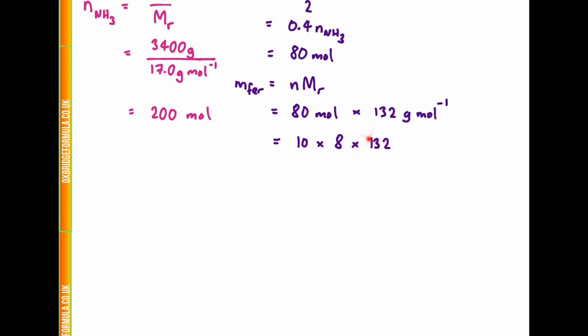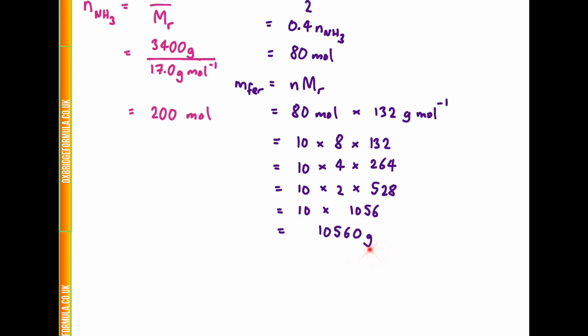Firstly, if we double 132 once, that takes us to 264. And then we only need to multiply by 4 rather than 8. If we double it again, that takes us to 528. Then we just need to double it one more time, which takes us to 1,056. So we finally multiply that by 10 to get 10,560 grams of fertilizer.